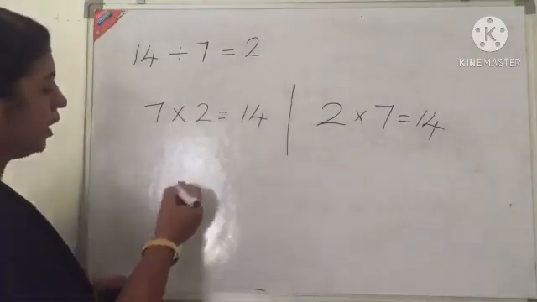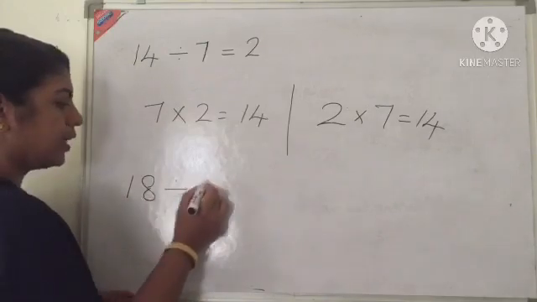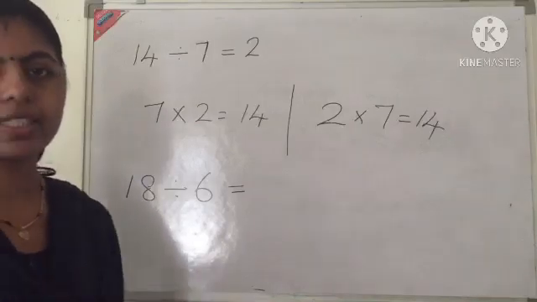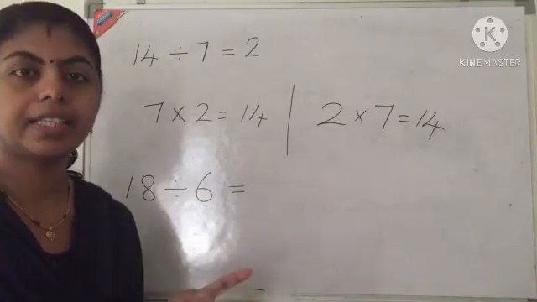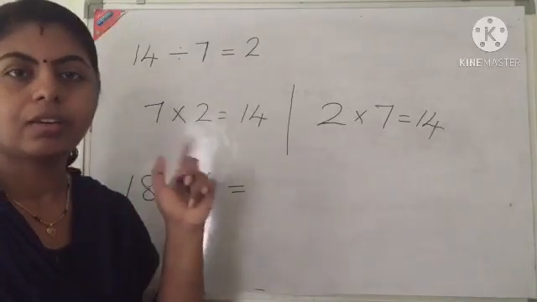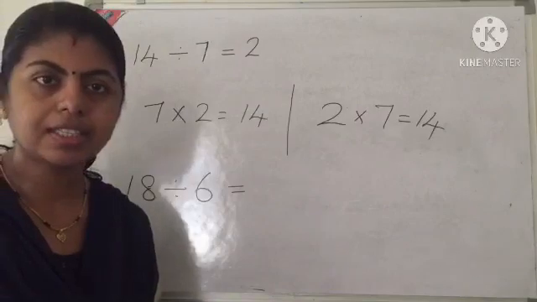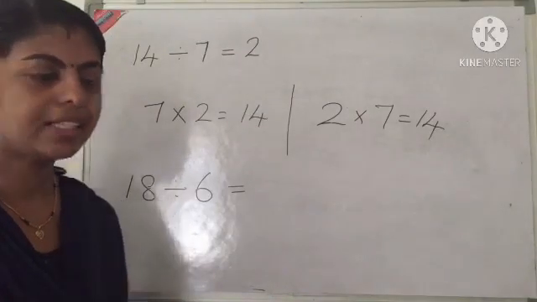Then the next one, 18 divided by 6. How much is it? 6 into which number gives 18? Go through the multiplication table of 6. 6 ones are 6, 6 twos are 12, 6 threes are 18.